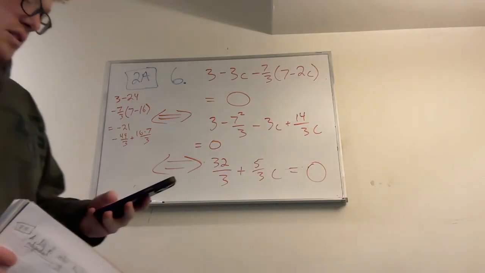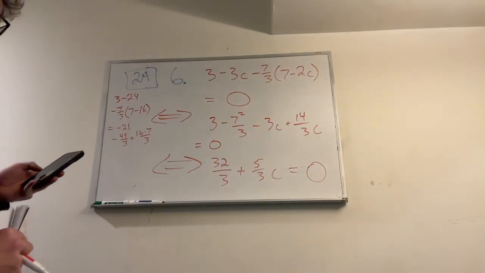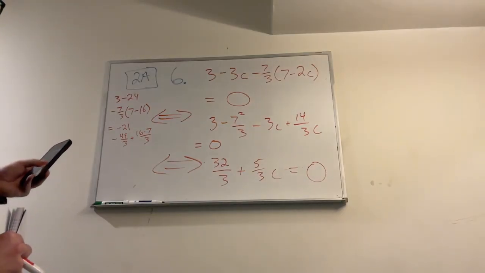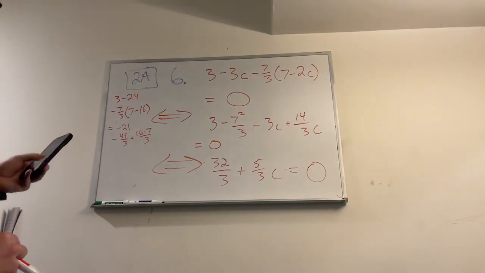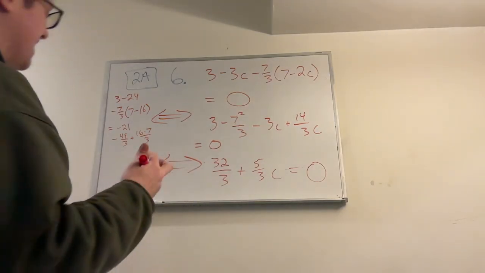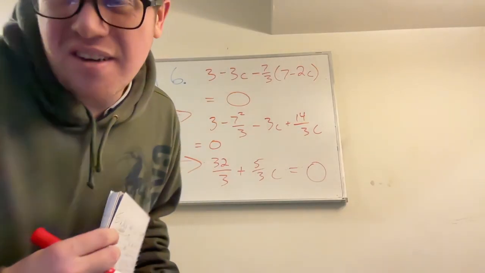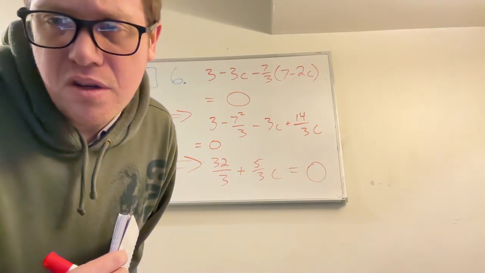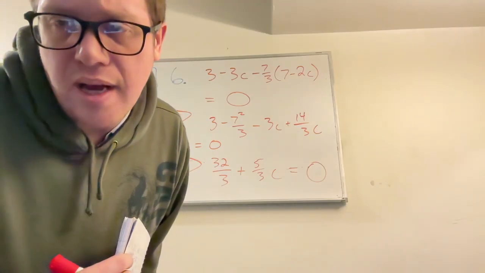I'm just going to check this real quick. Yeah, it is 0. Okay, so I don't know. What am I doing wrong here? Okay. 14 minus 9 over 3 is 5/3. 9 minus 49 over 3 is 40 over 3. Yeah, so c is equal to 8.